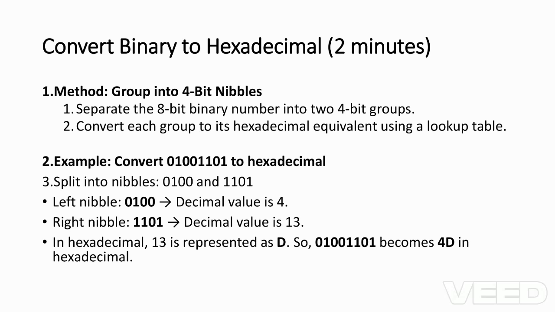So we have 4 on the first side and D on the second side. So converting 01001101 to hexadecimal becomes 4D.